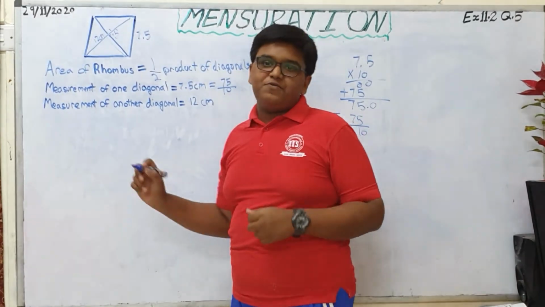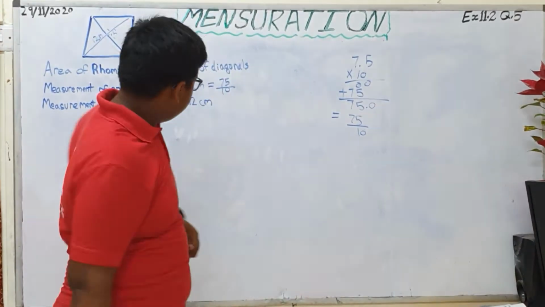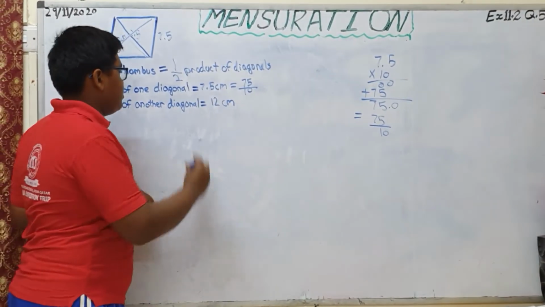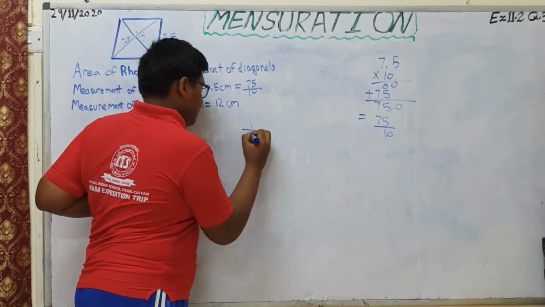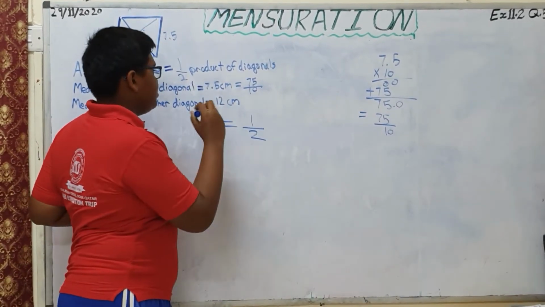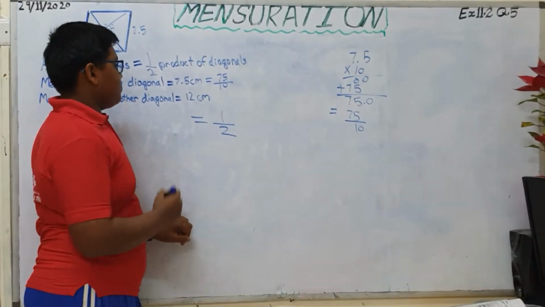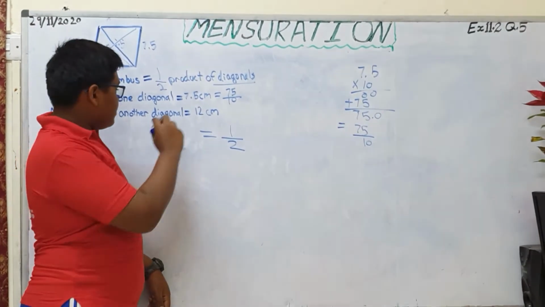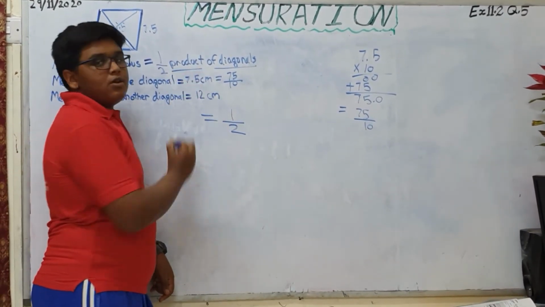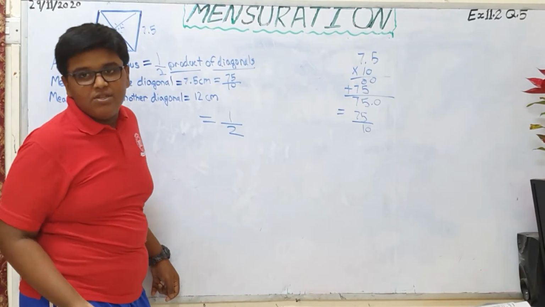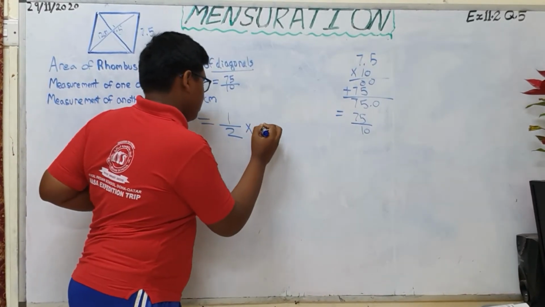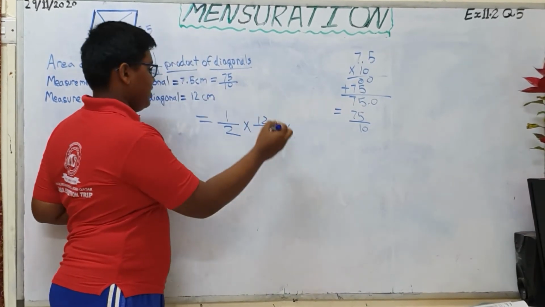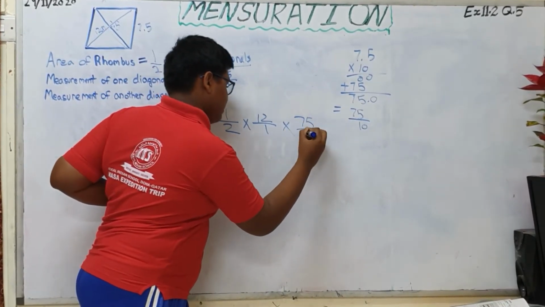Now we have to find the area of the rhombus. As I said, it is 1 by 2 into the product of diagonals. The diagonals are 75 by 10 and 12. The product means the multiplication, so we write 1 by 2 into 12 into 75 by 10.